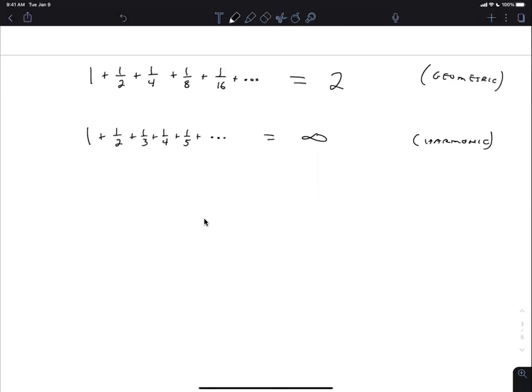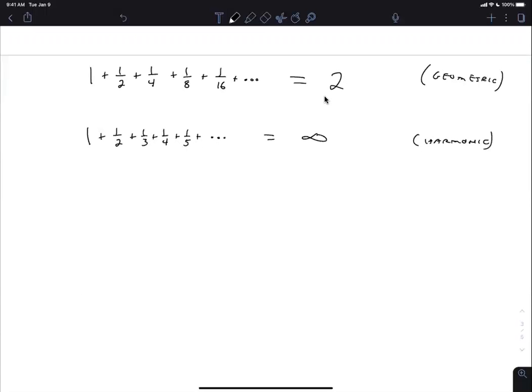Now that, like I said, is a huge, huge deal. It's counterintuitive. Here you're adding a bunch of stuff that gets smaller and smaller. What you're adding is approaching 0, and somehow you get 2. Here we've got some extra stuff, like you have a third, and then a fifth, a sixth, and a seventh in there. You have some extra fractions, but they're still pretty small.